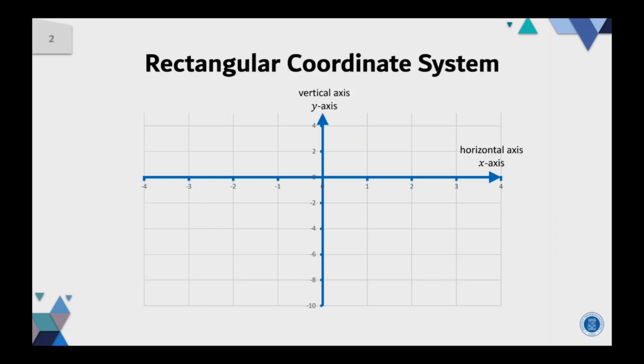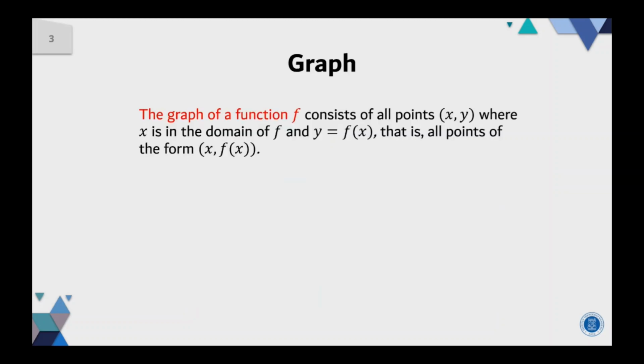And then in this coordinate system, we will draw a graph of a function, which is another way to represent a function. Remember, previously we have learned two ways to represent a function. First, by using an equation, and the second is by using tabular data. So this is another way to represent a function.